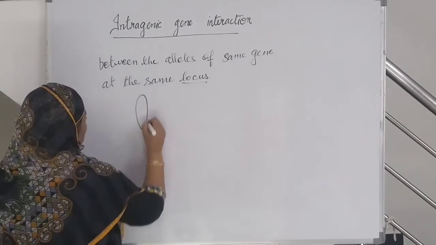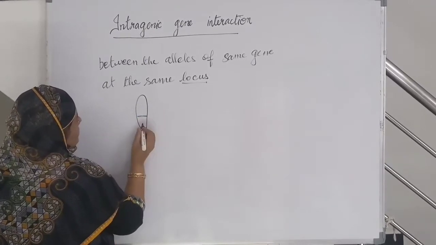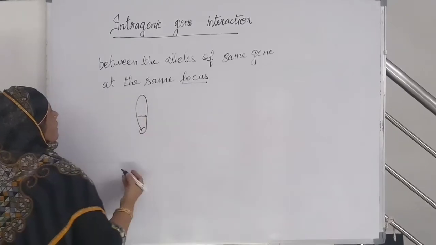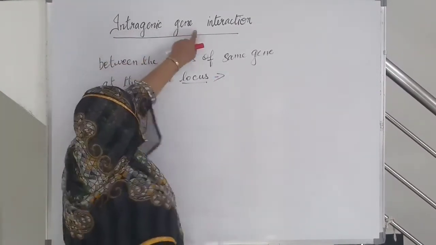Locus means the place in the chromosome where the alleles are present, the same place. That is called intragenic gene interaction.